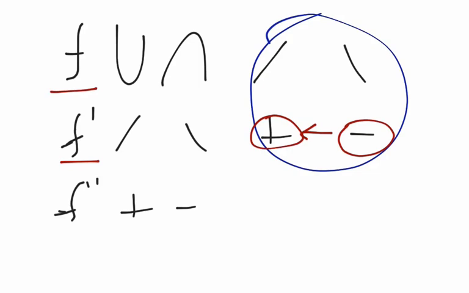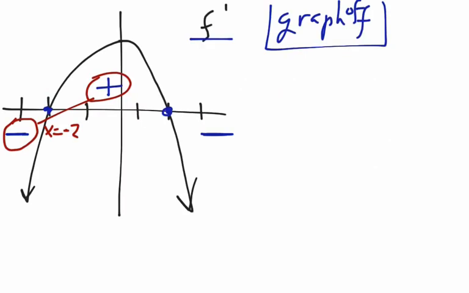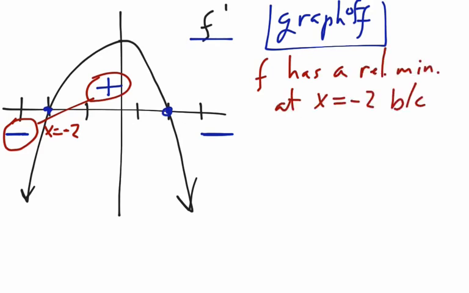That means that the graph of f had to change from decreasing to increasing, and we had a word for that: a relative minimum. Therefore, we can conclude that f has a relative minimum at x equals -2 because, and for your reason, you have to reference the graph that you were given. We were given f prime, so we're going to say because f prime changed from negative to positive.